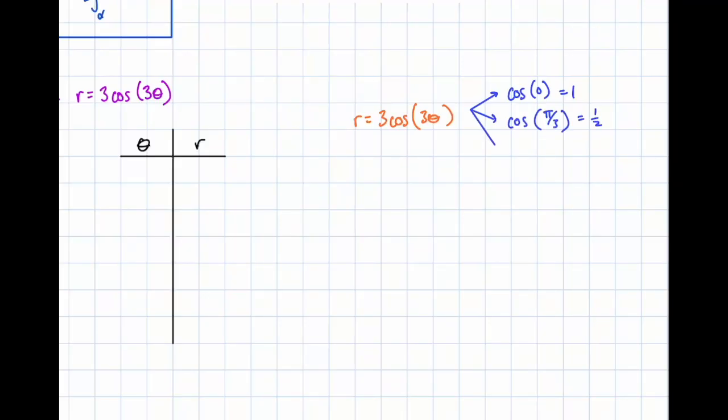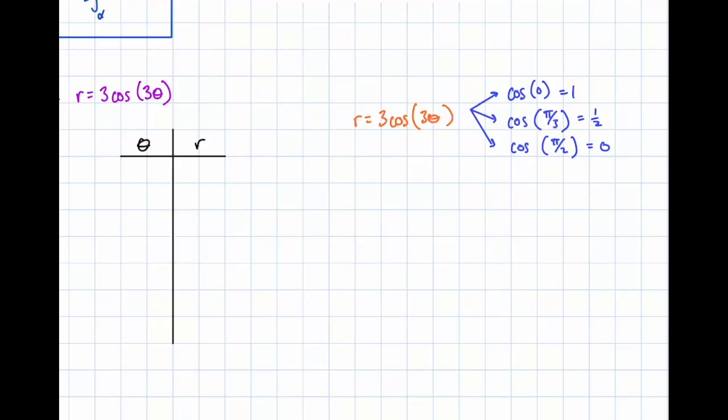And I especially liked the cosine of pi over 2 because that was 0. I like those 3 angles. I'm going to stick there. But we have a 3 theta involved. So I'm trying to think to myself, how can I get these angles going on? If I plug in pi over 3 into this, I'll get 3 times pi over 3, which is pi. And that just skips ahead way too far.